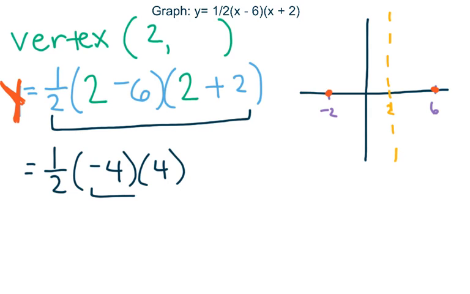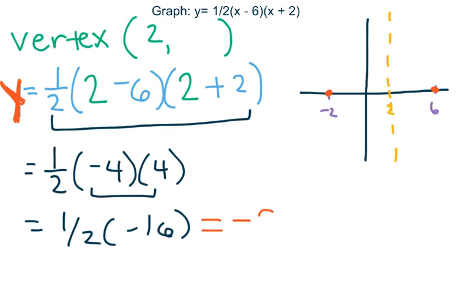Then we have -4 and 4 times half. We're at half times -16. We multiply those two numbers together and we get -8. Or I hope you got -8. And if I'm wrong, fight. LOL. So we have -8 is our y value for this vertex.